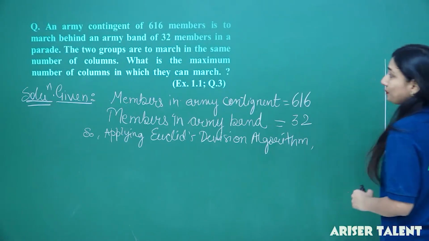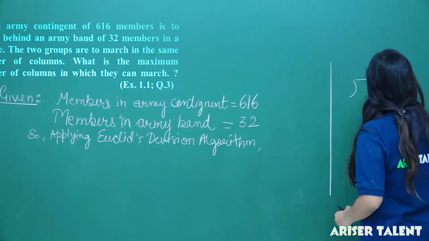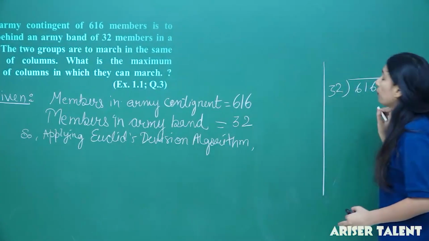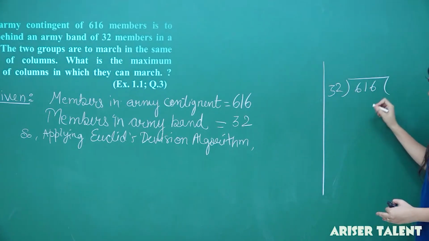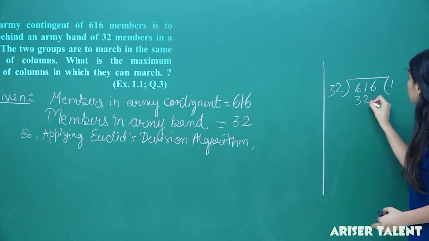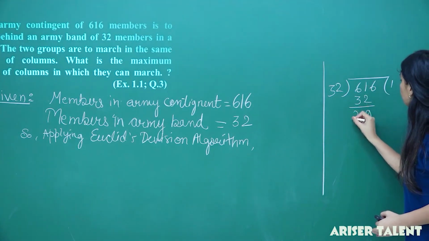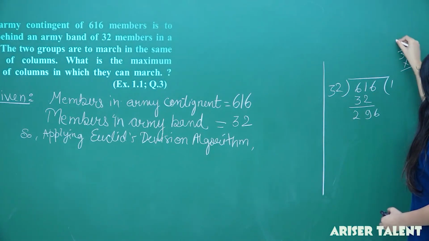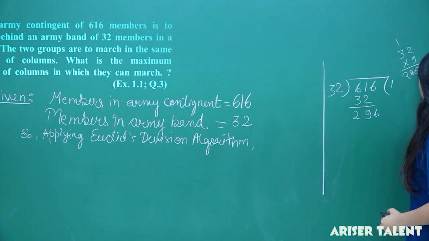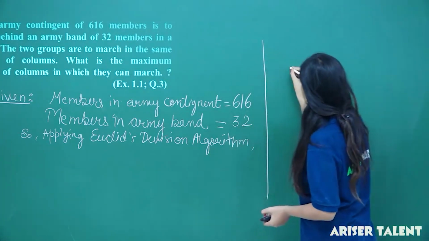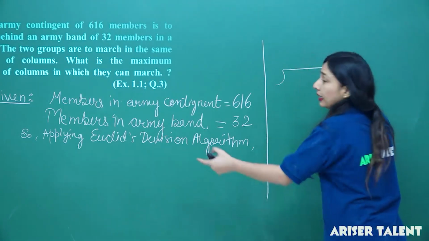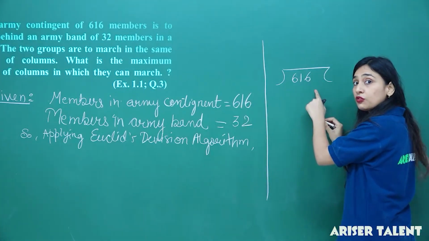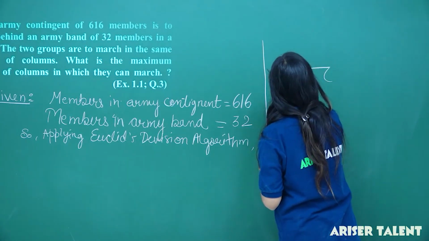This is for rough work. 616 dividend, we have done this before, and the 32 is here. Now, one time 32, 9, 2, 6. Now 32, I guess 9 times, 18, 28, that's 288. We'll do this calculation here and we'll write it in language form afterwards. 616 will be our dividend, and 32 the divisor.